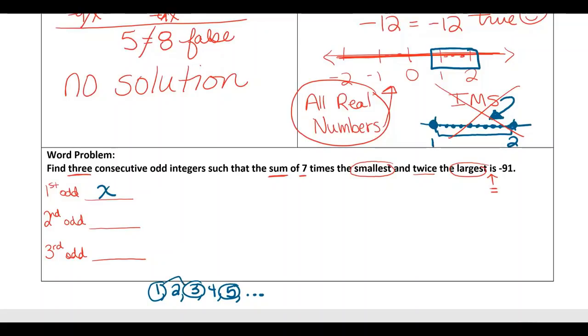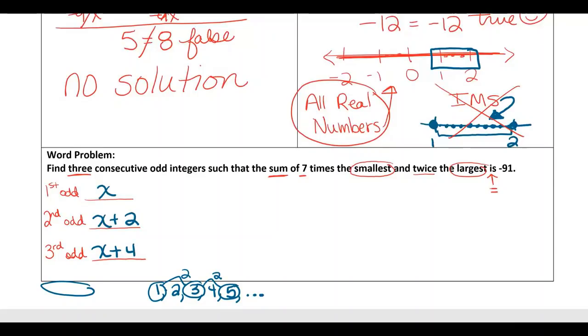How many spaces apart? They are 2 spaces apart. So whatever this number is, it's 2 spaces ahead to get to the second odd. And the third odd, from 1 up here to 5, that's 4 spaces. So that is x plus 4.